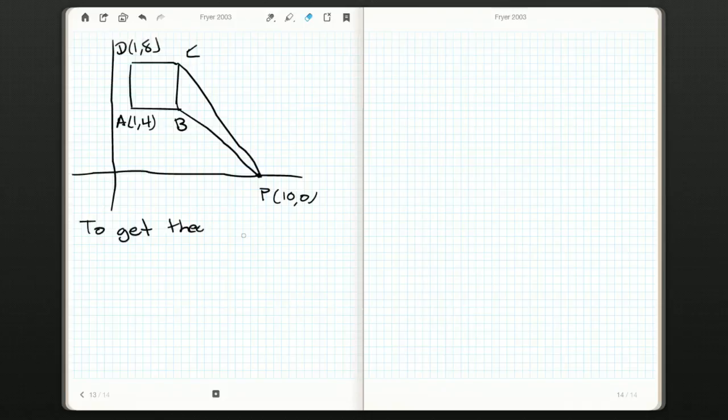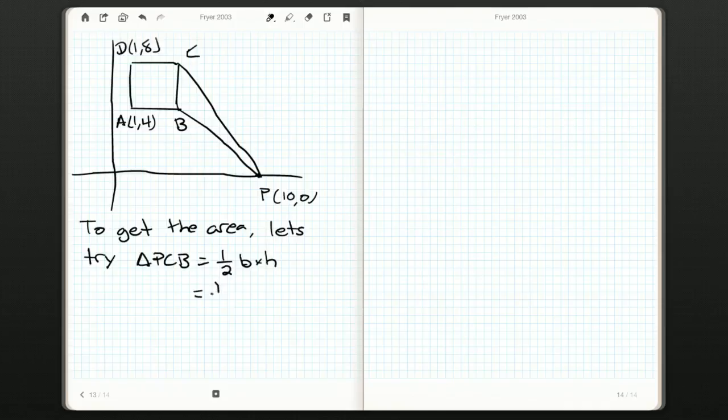So if we want to get the area, let's try one-half base times height.